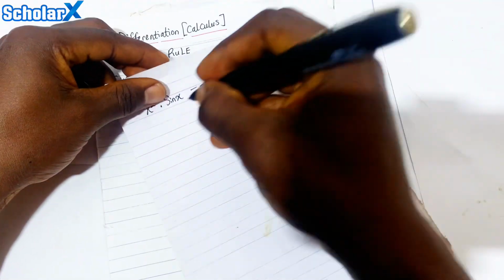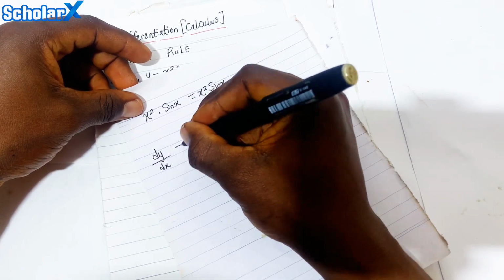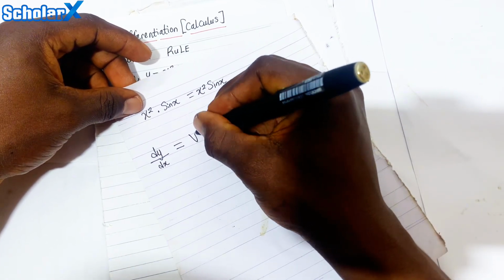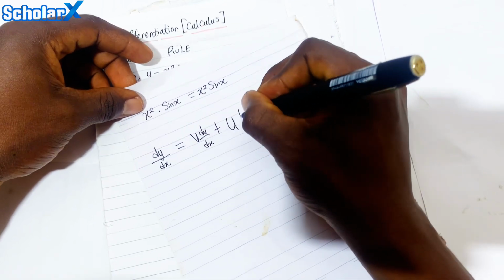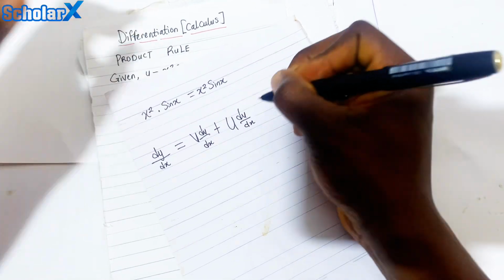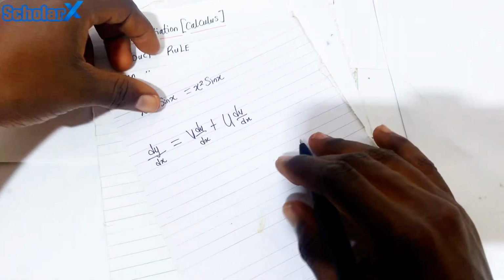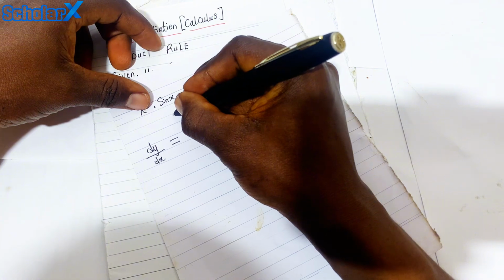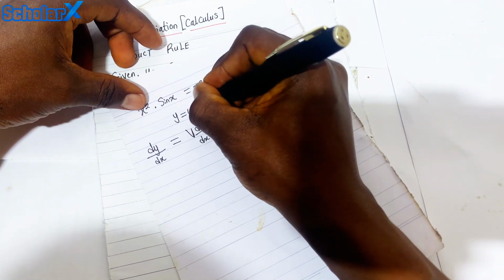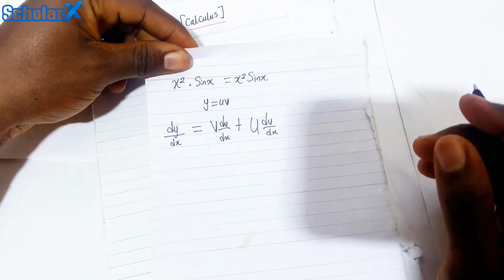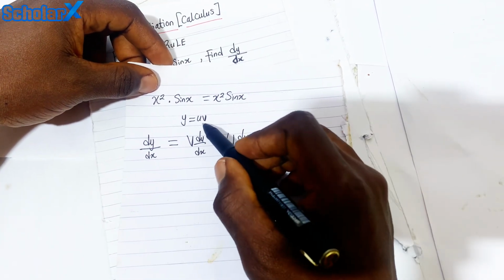The formula for the product rule is that dy/dx is equal to v du/dx plus u dv/dx. You ask me, how do I know when to use this formula? You know when you have your function in the form y is equal to uv, a product of two different functions.